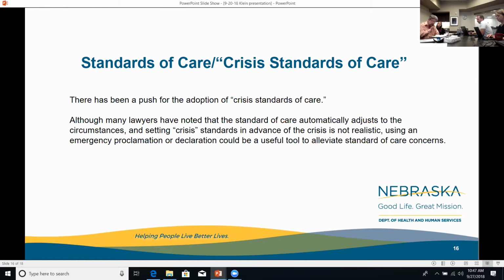And that's at 44-2810 if you want to read it yourself. But the bottom line is the key is under like circumstances. So the standard isn't going to change, but since the circumstances may vary, the care that is possible to deliver may change. So my advice is to basically do your best.